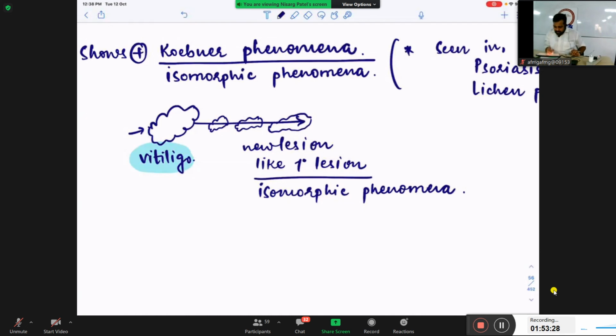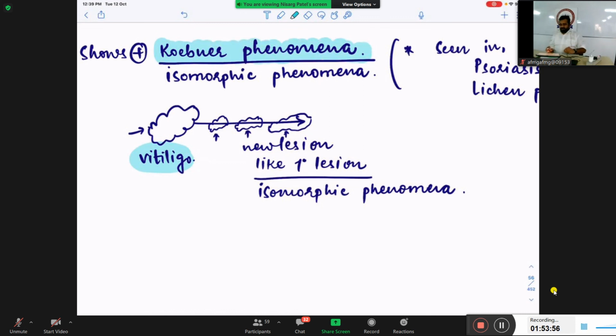But when I caused the linear trauma, what happened? I triggered the autoimmunity on this healthy skin also. And because of this, after some days, I see that there is an increase in the lesion, and this lesion will be similar to the previous lesion. So this is known as the Koebner phenomenon or the isomorphic phenomenon, because the lesions which are formed are similar to the previous one.